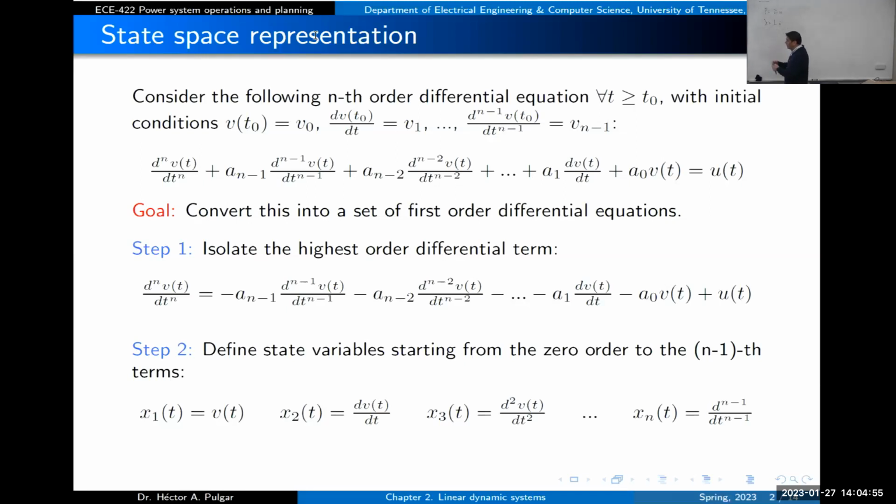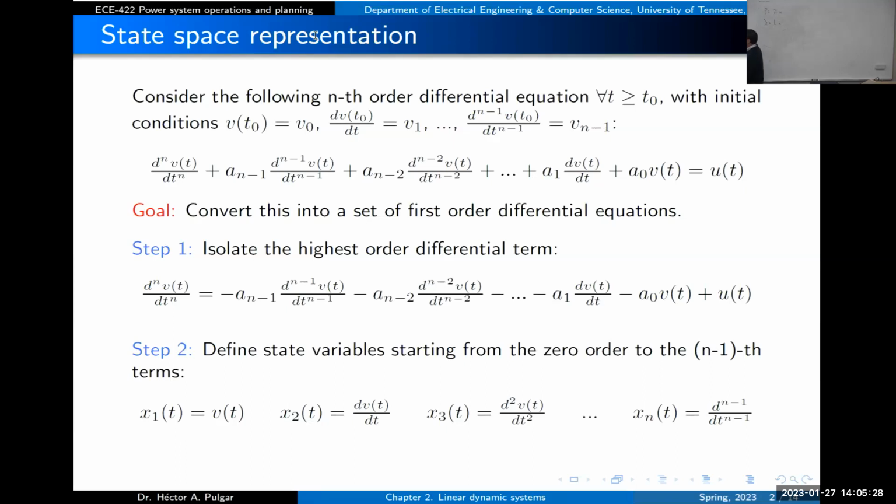The second step to obtain this linear representation is to define the state variables. These are going to be the relevant variables of our new linear formulation. We're going to define the state variables starting from order 0. This differential equation has order 0, first order, n minus 2, n minus 1, and n order.